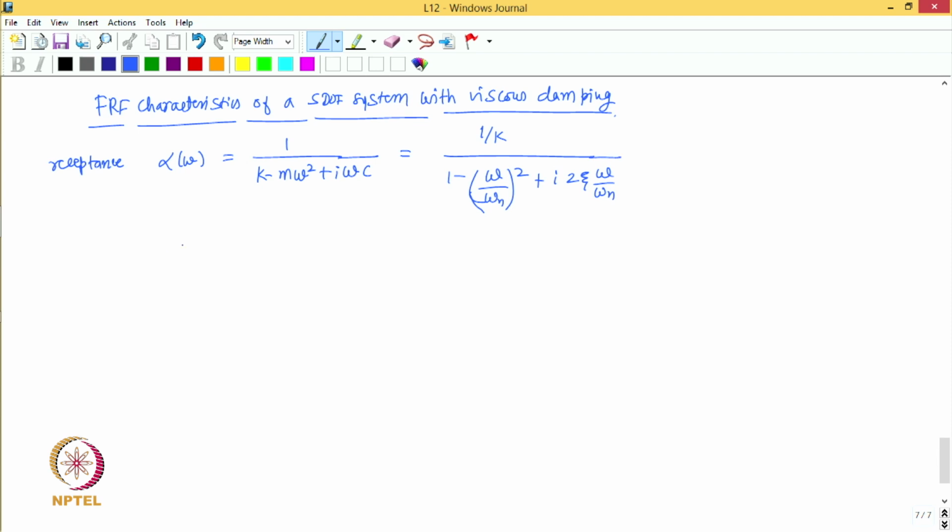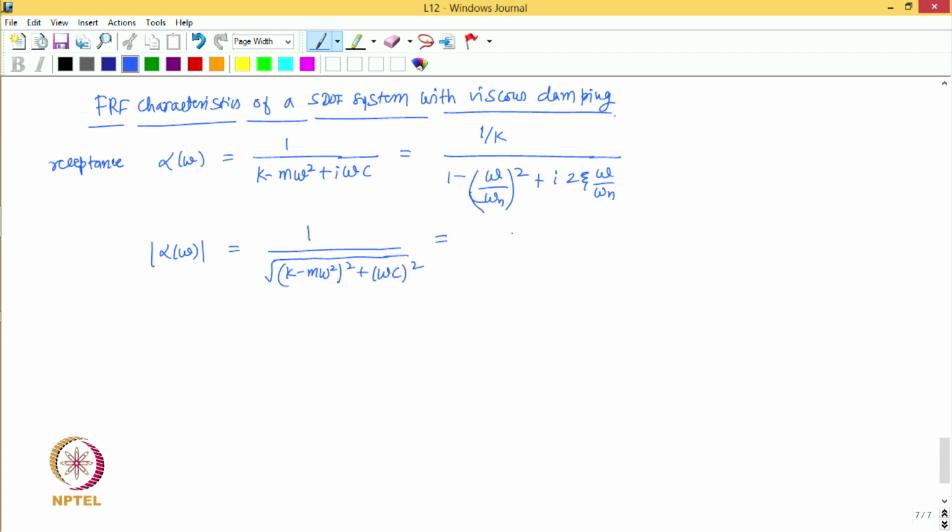We can also determine the magnitude of the FRF as follows. We multiply the numerator and denominator by k minus m omega square minus i omega c, and if you simplify, the magnitude turns out to be 1 upon the square root of (k minus m omega square) whole square plus (omega c) whole square.